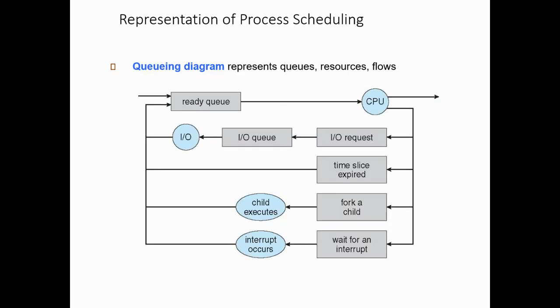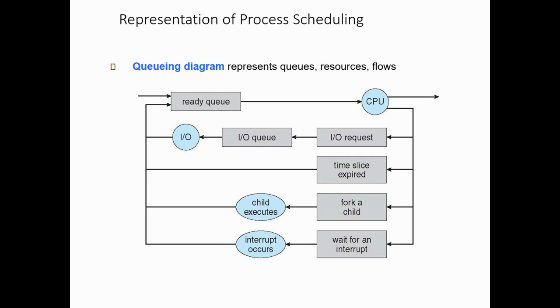Okay, right. So how can process scheduling be represented? A very important question, guys. Even if you write your examinations on operating systems, I think this will be a very important question. One of the important diagrams used to represent process scheduling is the diagram of scheduling queues.